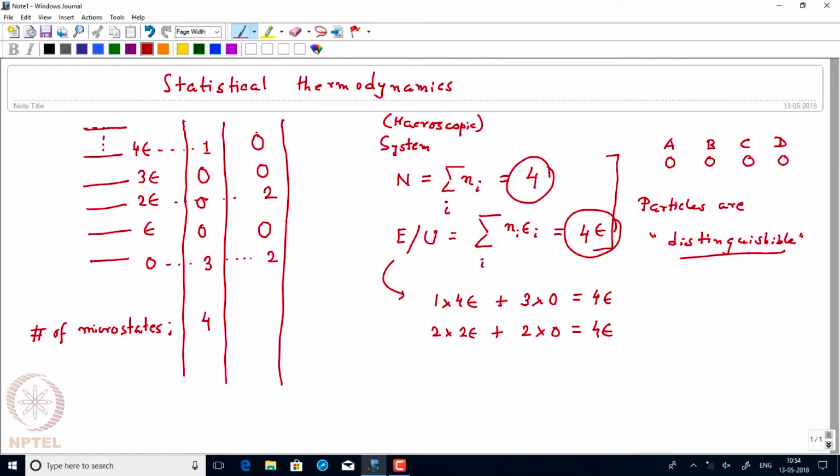Now how many ways can I achieve this distribution? Again, if the particles are distinguishable, I am choosing 2 particles for energy level 2 epsilon. What are these 2 particles? It can be AB, AC, AD, and then BC, BD, and CD. So the total number is 6. Now how do I get this 6 mathematically?